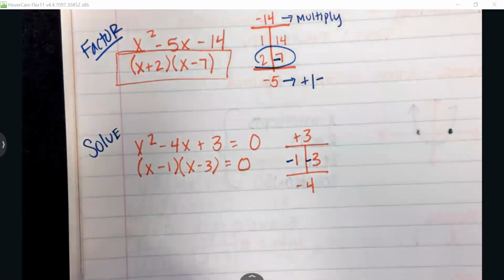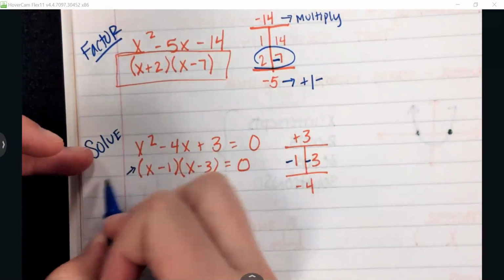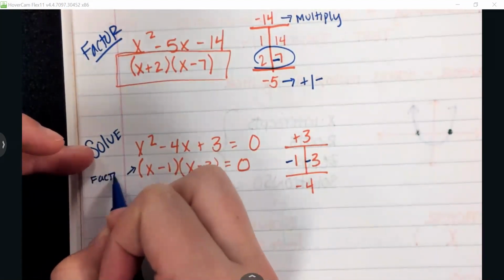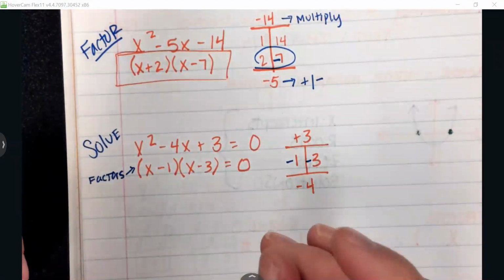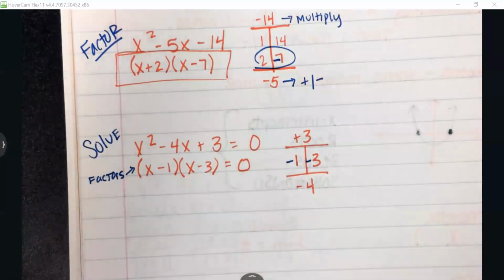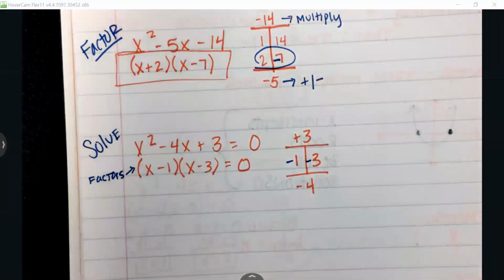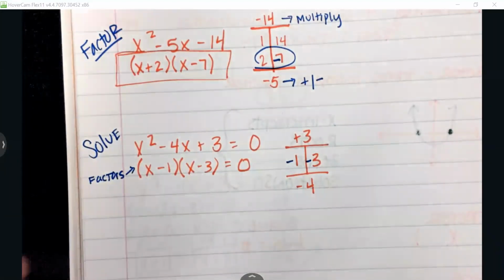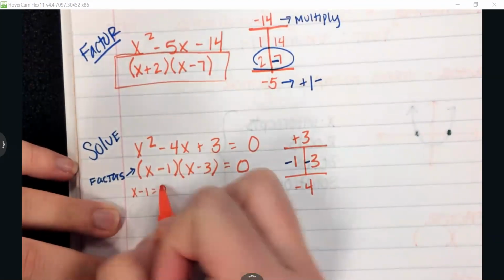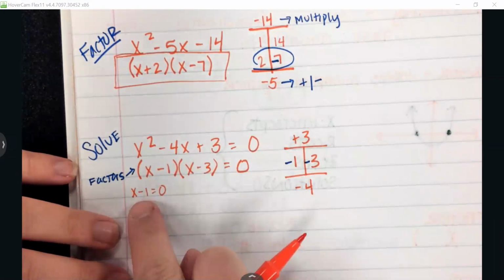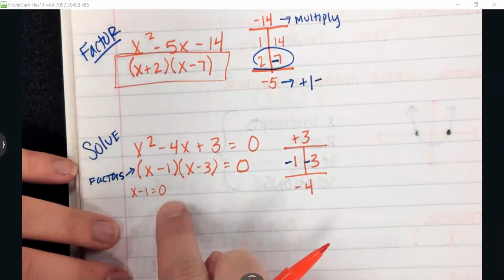So this right here, if you want to make notes, this is my factors, but I'm not stopping there because I have to solve it. You have to take every individual thing and set it equal to 0. So x minus 1 equals 0. My first parenthesis equals 0.